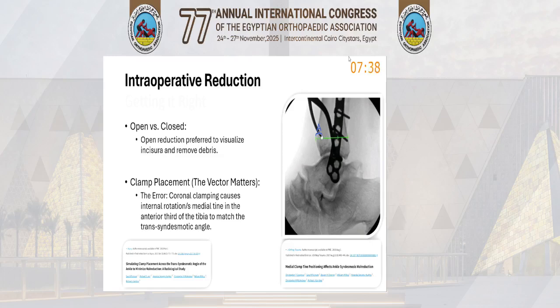So, as we know, the fibula is posterior to the tibia, so this is considered the axis to make the direction of the reduction in the syndesmotic axis. The tine on the medial or tibial side should be in the anterior third.